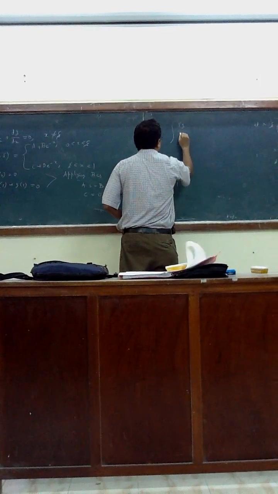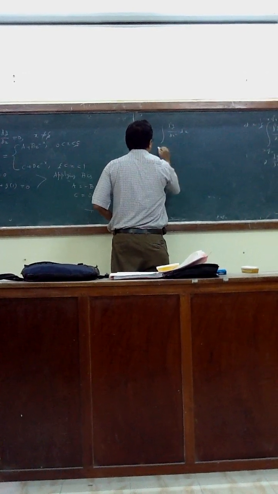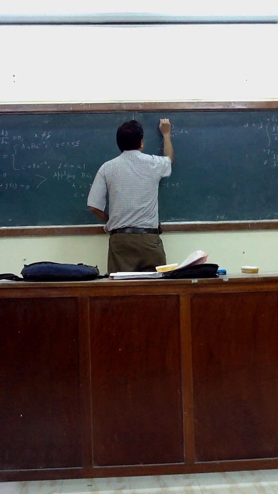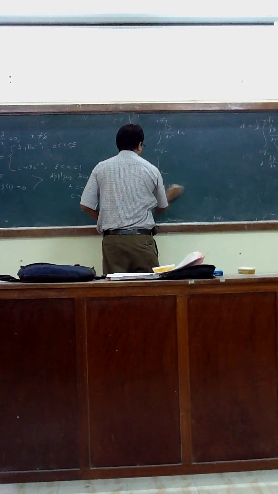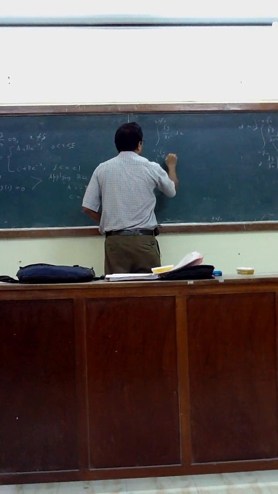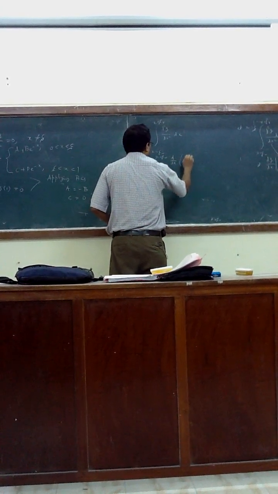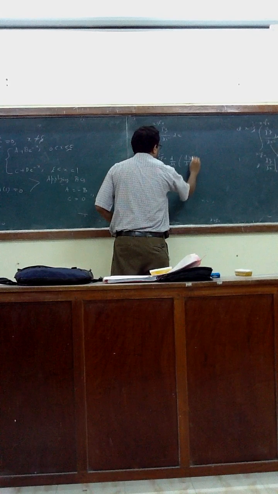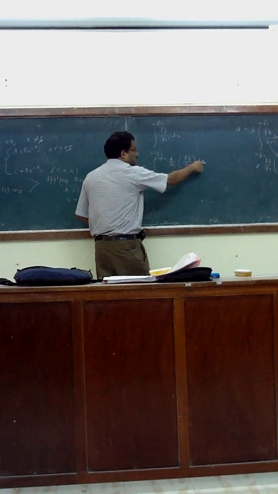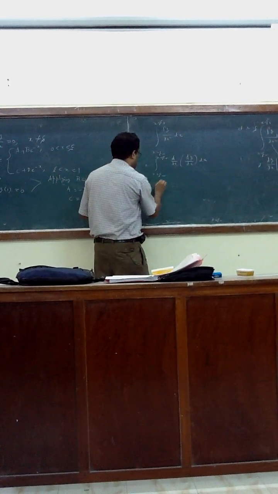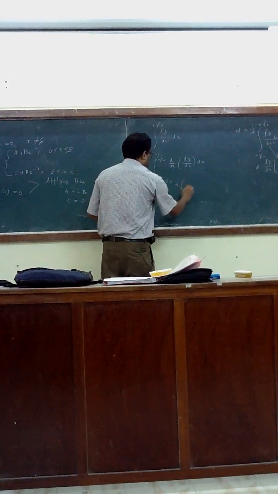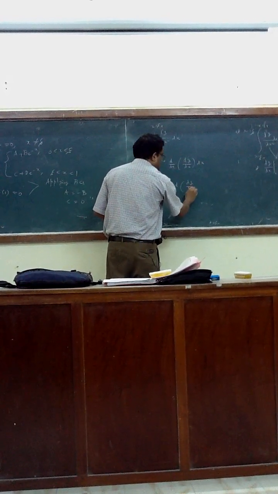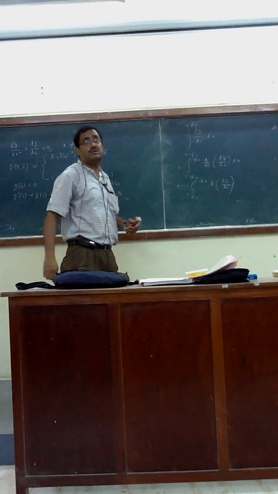The integral of d2g/dx square dx from x equals z minus to x equals z plus is the integral of d/dx of dg/dx dx. This will go, and it will be the differential of dg/dx between x equals z minus and x equals z plus. Do you agree or not?